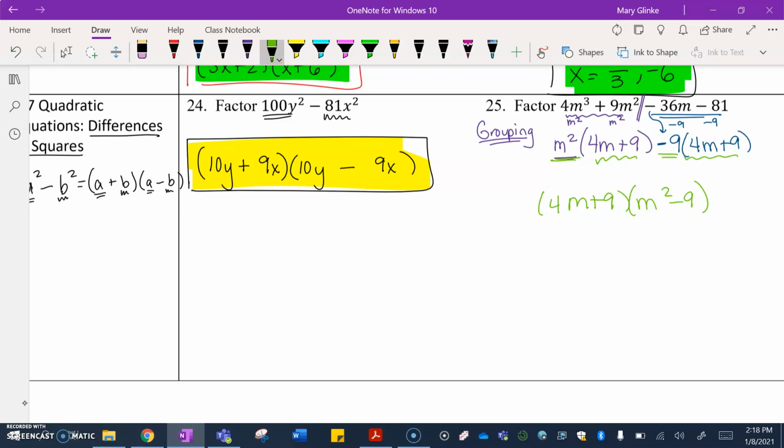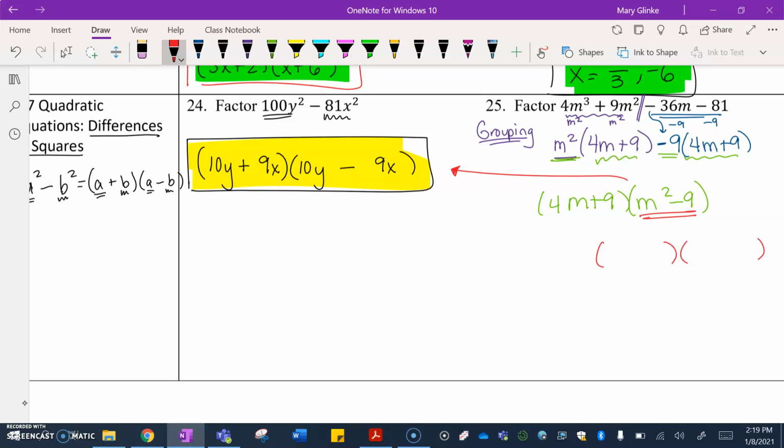Now, we might be circling our answers right now, but looking at this, we have to be careful because we have to ask ourselves, does anything else factor further? And 4m plus 9 does not keep going, but m squared minus 9 does keep going. So m squared minus 9, we're going to use our factoring method that we just did on the last one, so the difference of 2 squares.